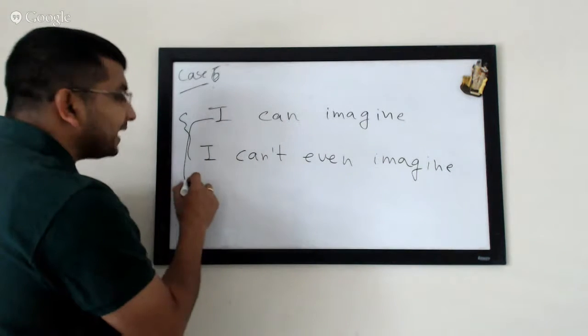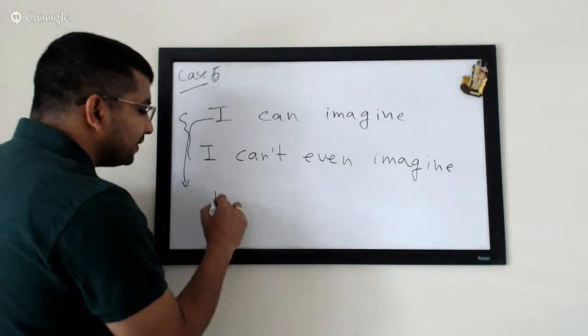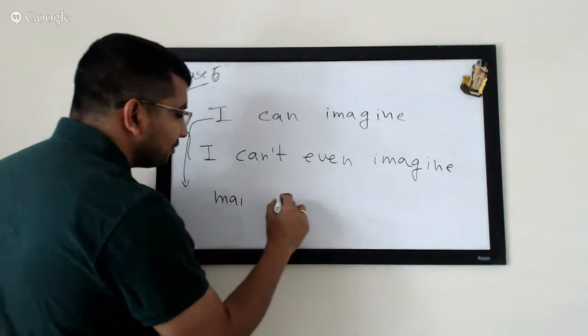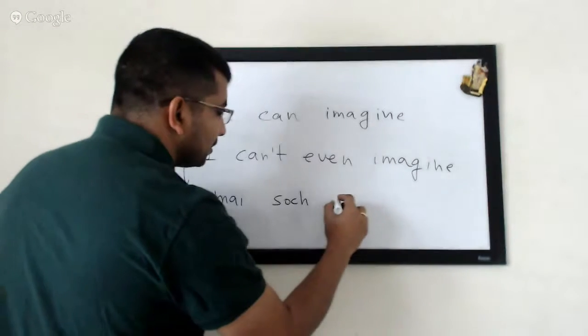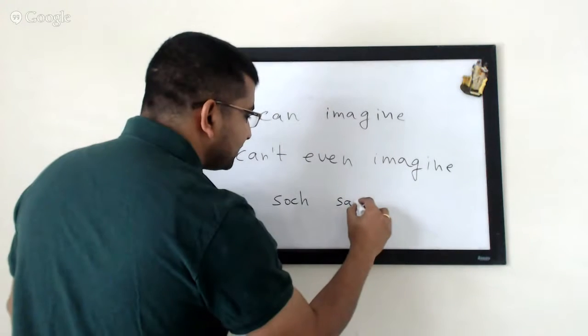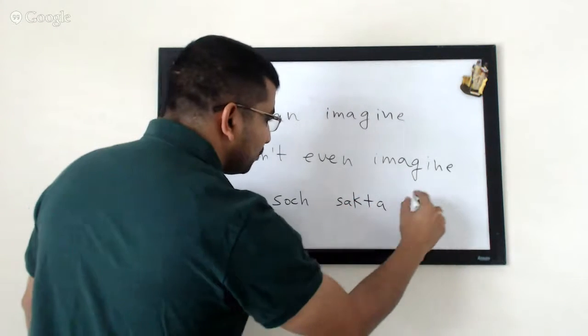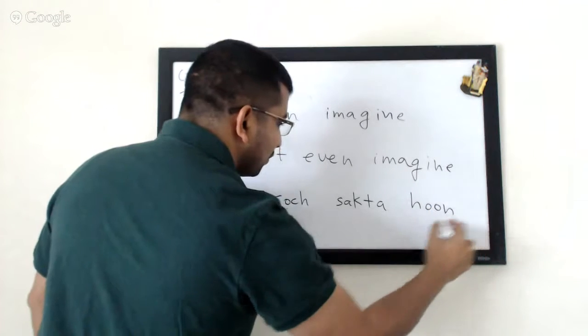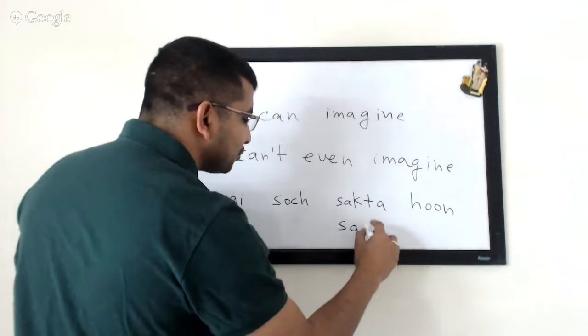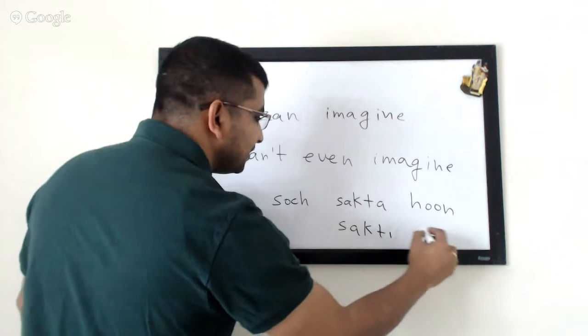When you say I can imagine, it would be मैं सोच. For a male, it's सकता हूँ. For a female, it would be मैं सोच सकती हूँ.